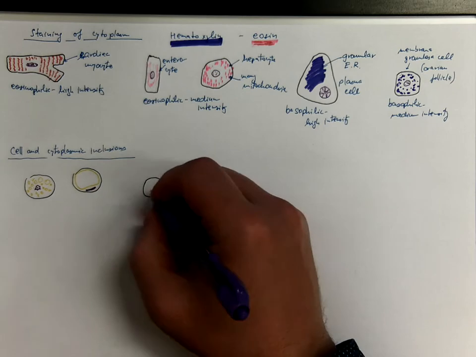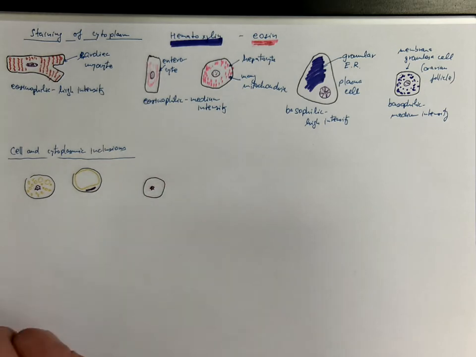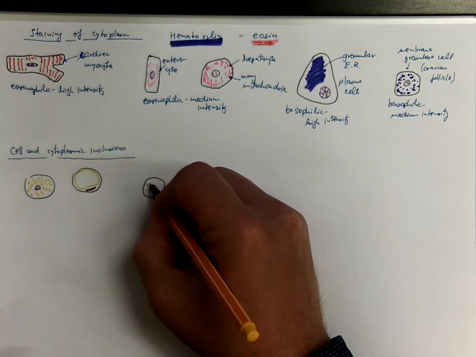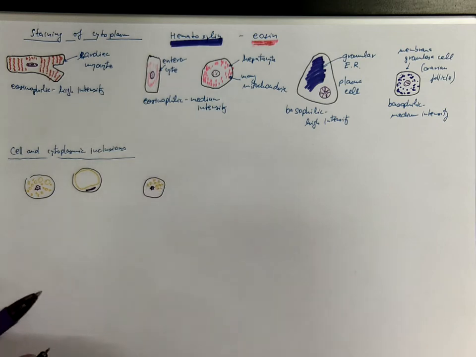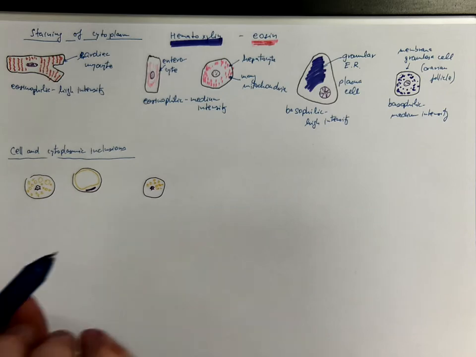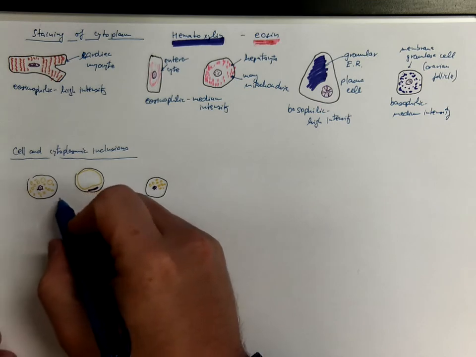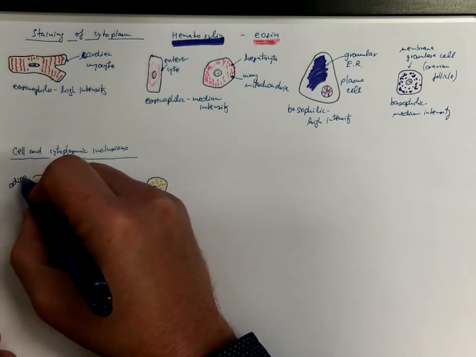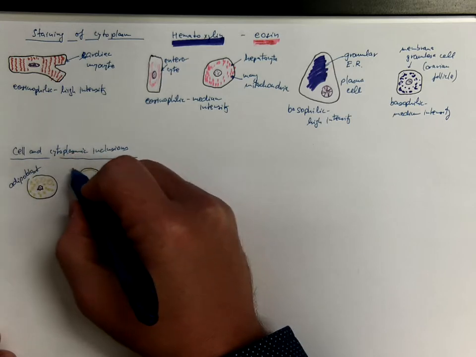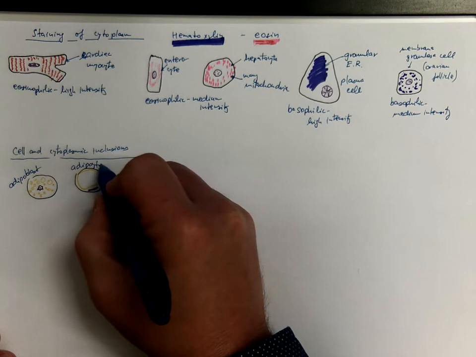Another example could be some cells producing steroid hormones. They also have a tendency to accumulate lipid droplets with cholesterol, because cholesterol is used for synthesis of steroid hormones. So that would be a young fat cell called adipoblast. That will be an adult adipocyte.